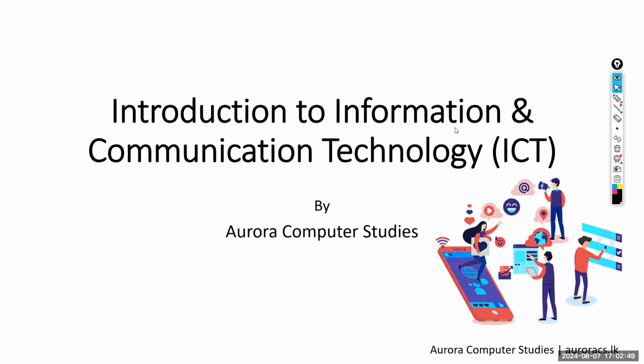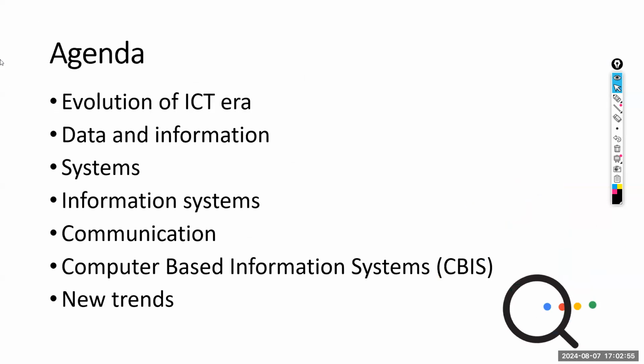So, introduction to ICT. Anyway, your subject is also ICT, right? This is what we are going to look at in this particular subtopic under topic 1. Of course, we may not be able to finish it today.